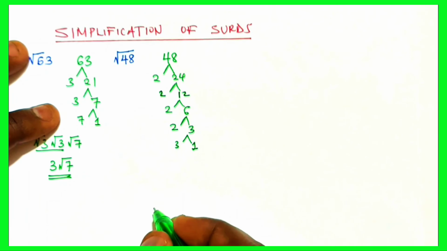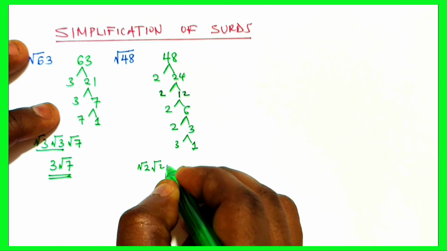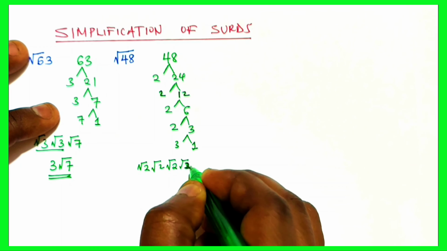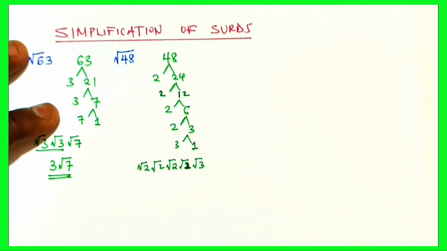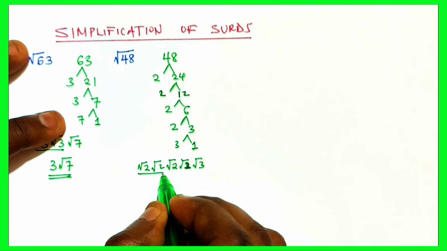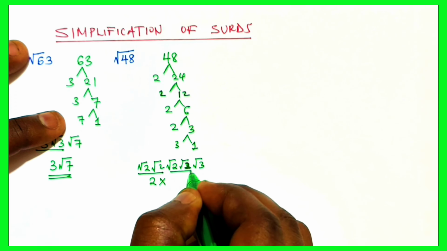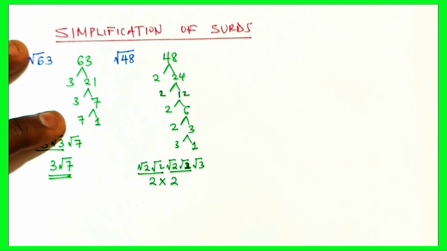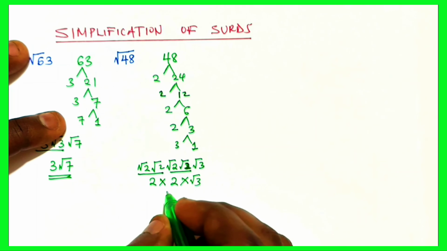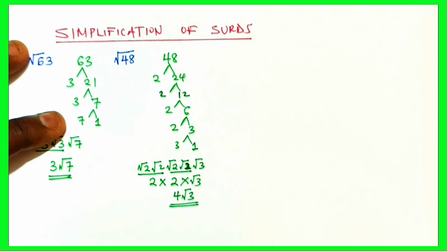So this can be written as root 2 multiplied by root 2 multiplied by root 2 multiplied by root 2, and then multiplied by root 3. These two surds give us the number 2, and the other two also give us a rational number 2, and then we have multiplied by root 3. So the simplification gives our answer as 4 root 3.